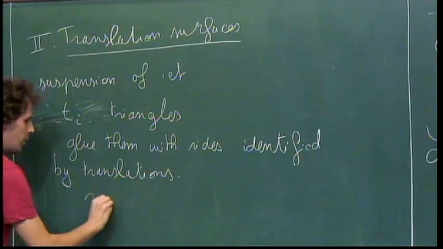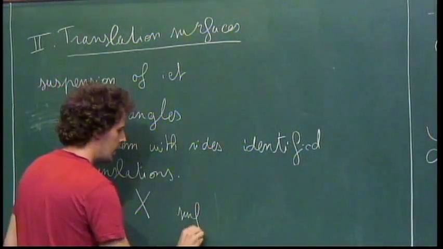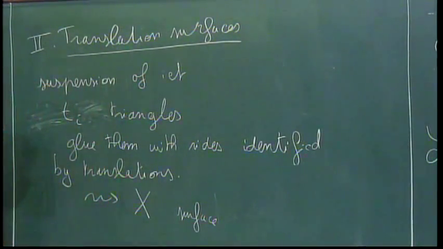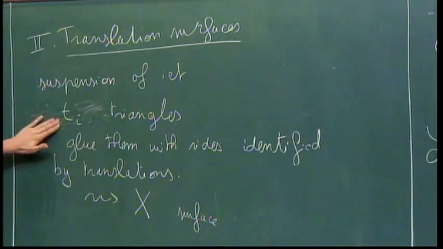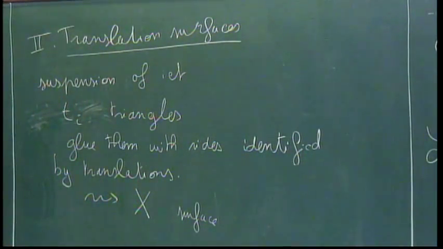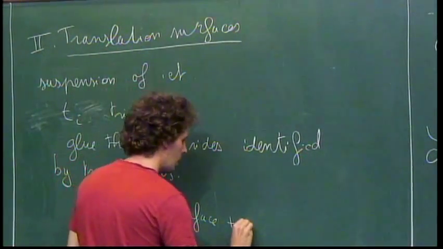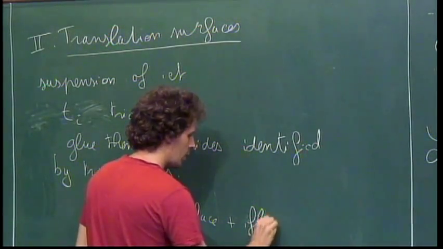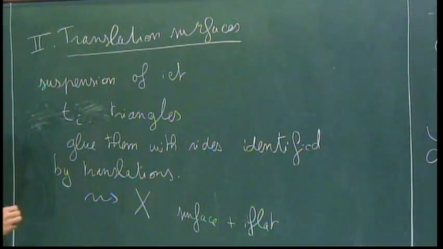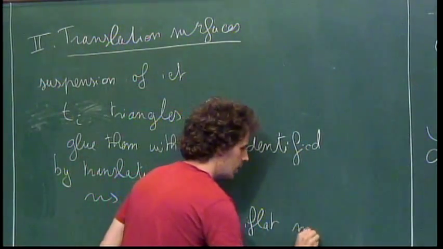Okay, and what you obtain when doing that is a surface. So it's a topological surface. It's not well defined at the vertices of the triangles, but everywhere else you have more than a surface. You have a flat metric, which comes from the fact that the triangles were triangles in the plane, C, with its flat metric.